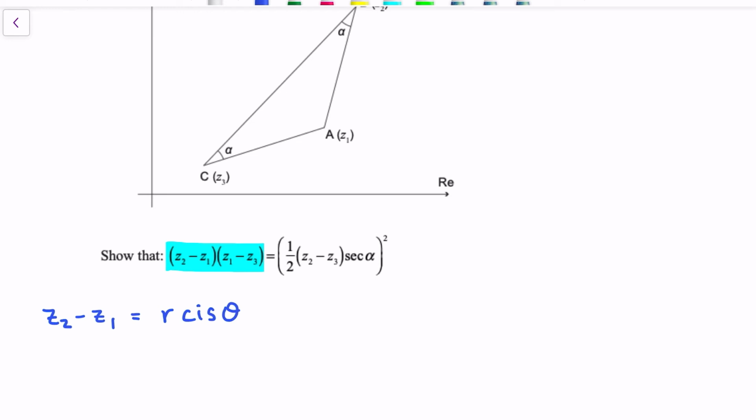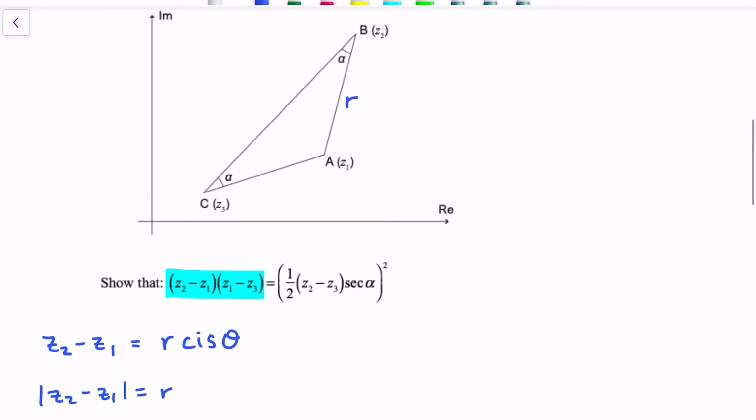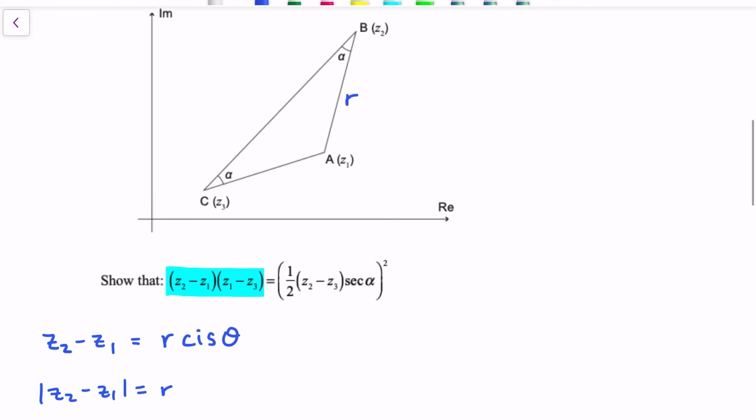So using our knowledge from part C, the modulus of z2 minus z1 is equal to r, and that's also the distance between z2 and z1. So we can write that there, r on the diagram, and the argument of z2 minus z1 is equal to theta.